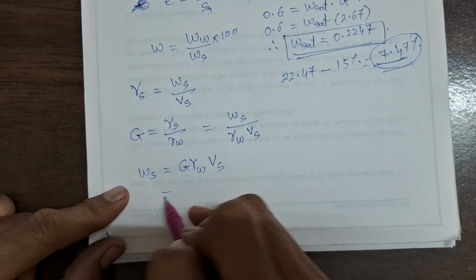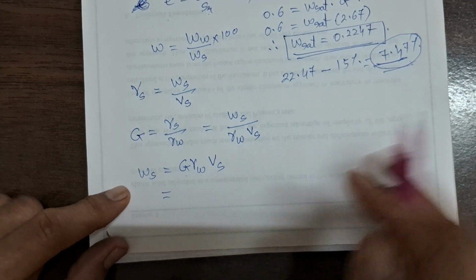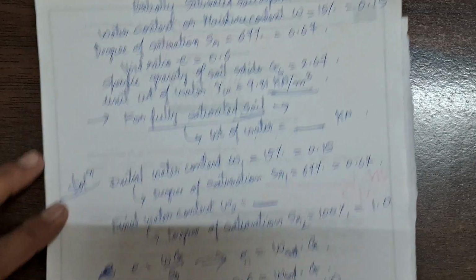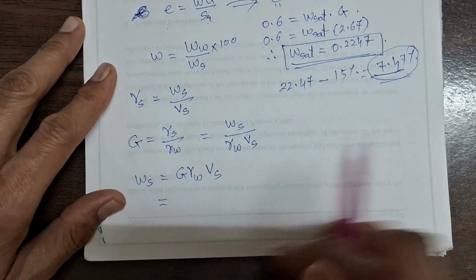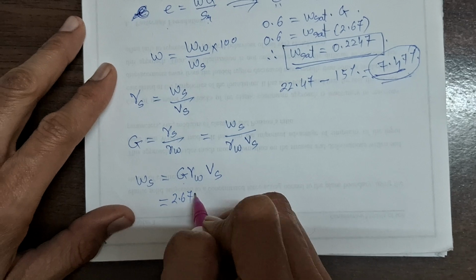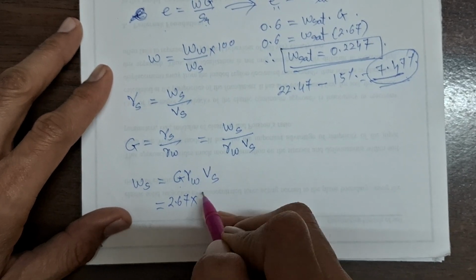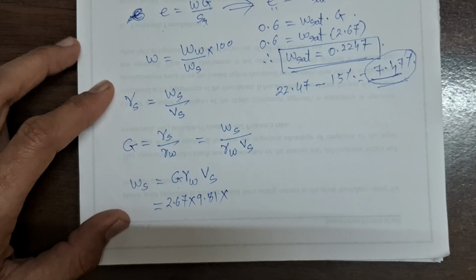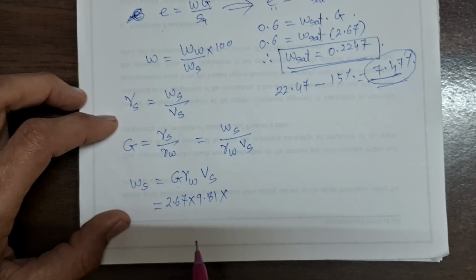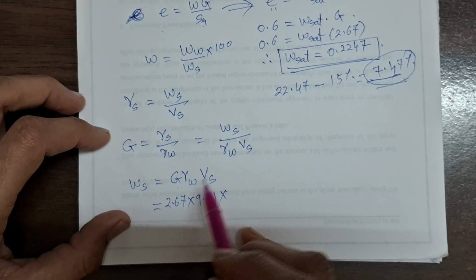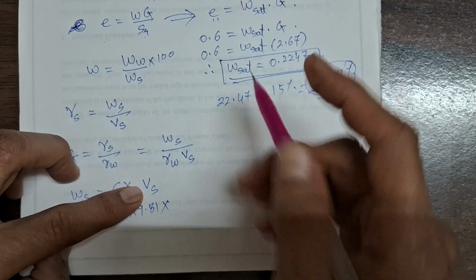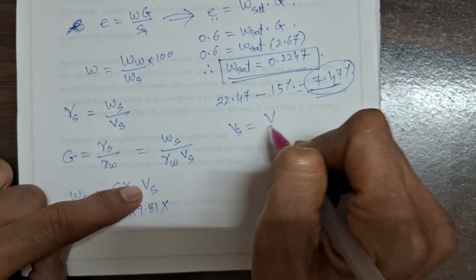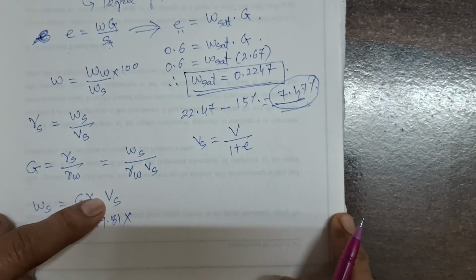Now I know all the values. G they have given us as 2.67, into gamma W, which is 9.81 kilonewton per meter cube. This we have to remember. Now I don't have Vs, so we have one more formula: Vs is equal to V upon 1 plus E. Remember this formula.